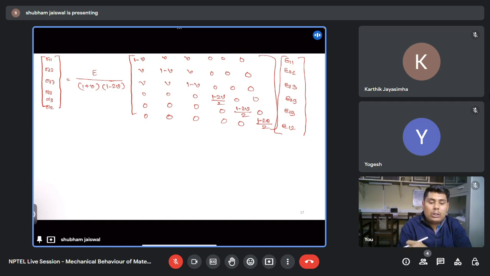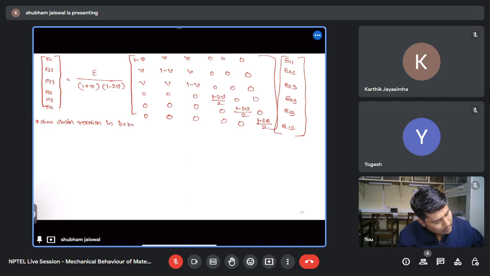Then after that we have seen the stress-strain relation in isotropic material. Epsilon x, the strain in x direction, is given by 1 upon E times sigma x minus mu times (sigma y plus sigma z).